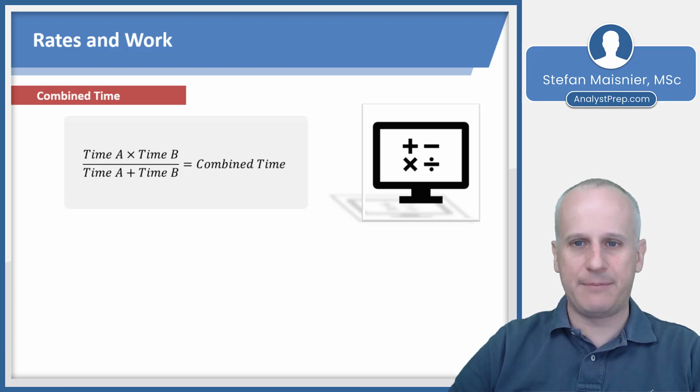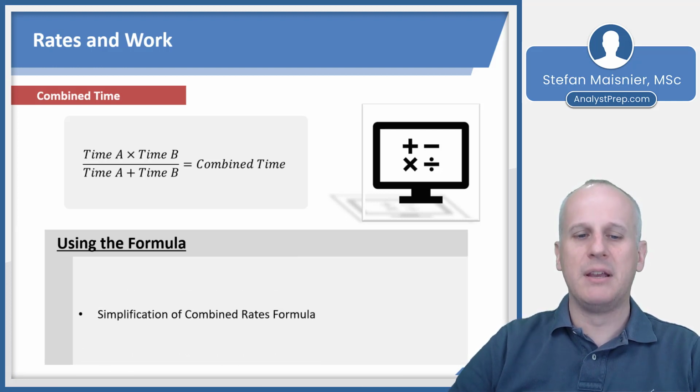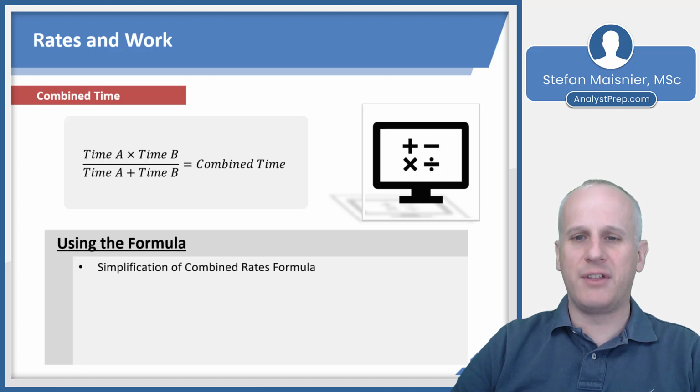Now, that said, if you have explicitly combined time, you can bypass the rate circle, you can bypass the ratio table, you can bypass some of the more complex, kind of more logical approaches for this literal formula. Now, our combined time formula of time for A times time for B over time for A plus time for B is just a simplification of the combined rates formula.